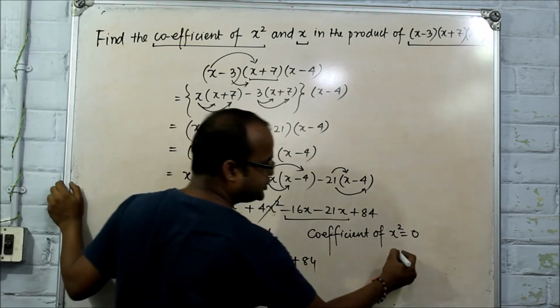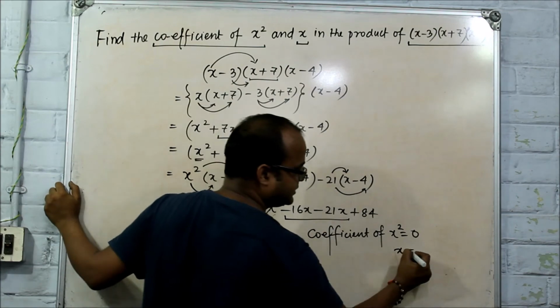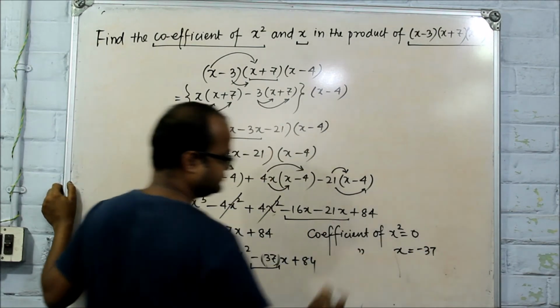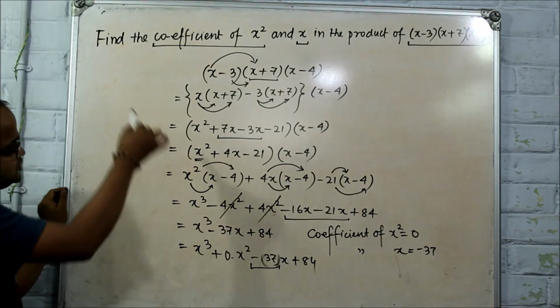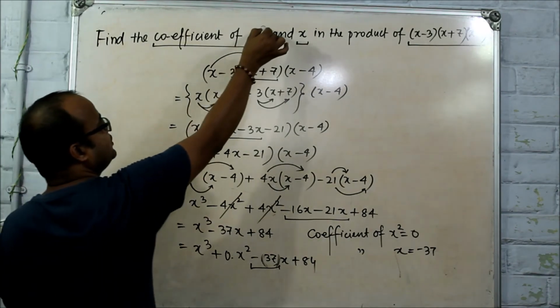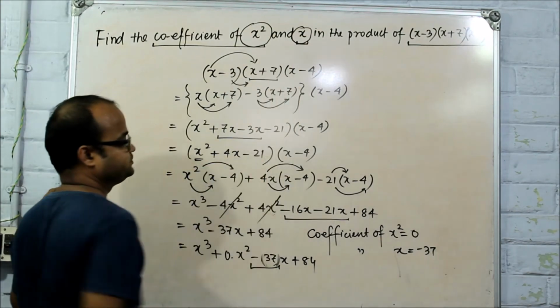And what is the coefficient of x? This is equal to −37. Clear? So first multiply and then you need to check the coefficient of x² and x.